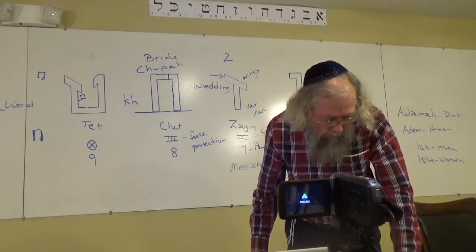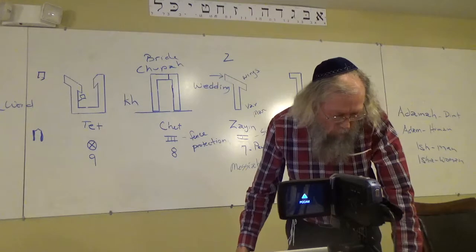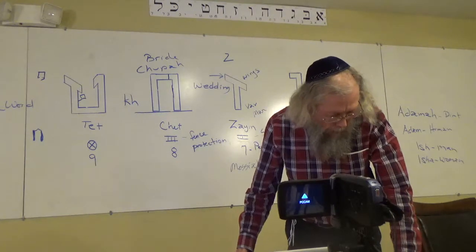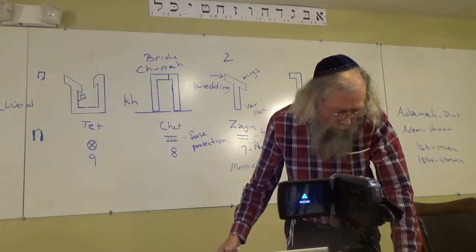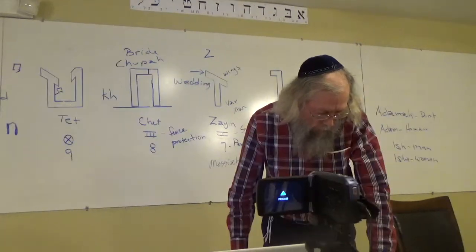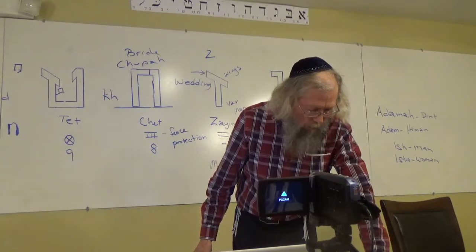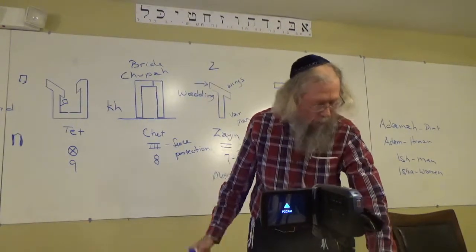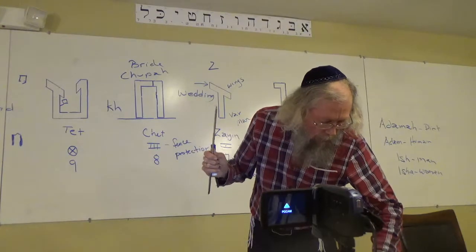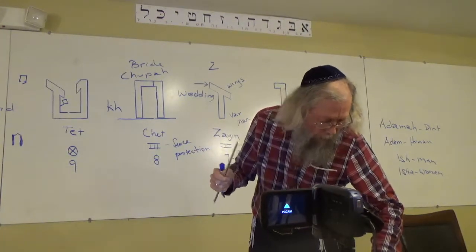Therefore, just as the assembly is subject to Mashiach, so let the wife be to their own husbands in everything. Husbands, love your wife, even as Mashiach also loves the assembly and gave himself for her, that he might sanctify and cleanse her with the washing of water by the word, that he might present her to himself, notice this, a glorious assembly, not having spot or wrinkle or any such thing.